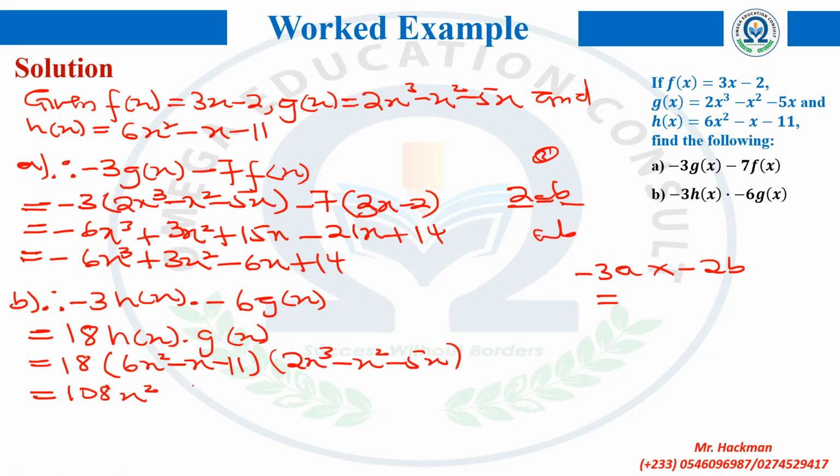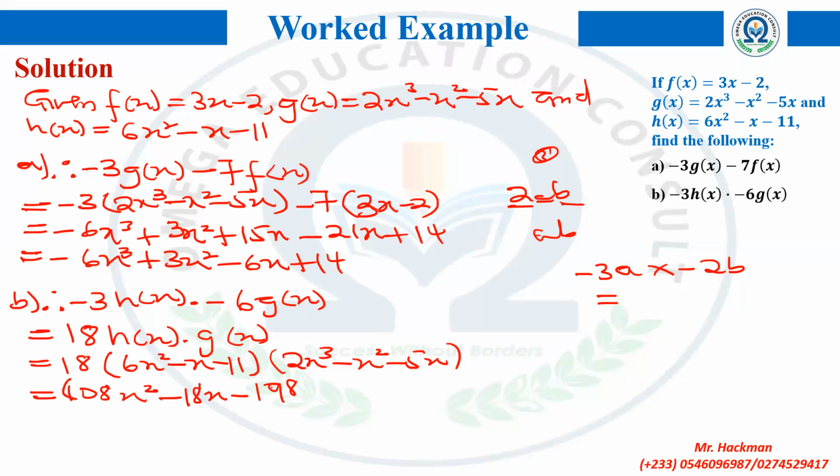Then 18 times this will give us minus 18x. 18 times this will give us what? 198. And that will be it for only this product. But because you are pushing this one in, you will get more than a term. It's going to multiply this.